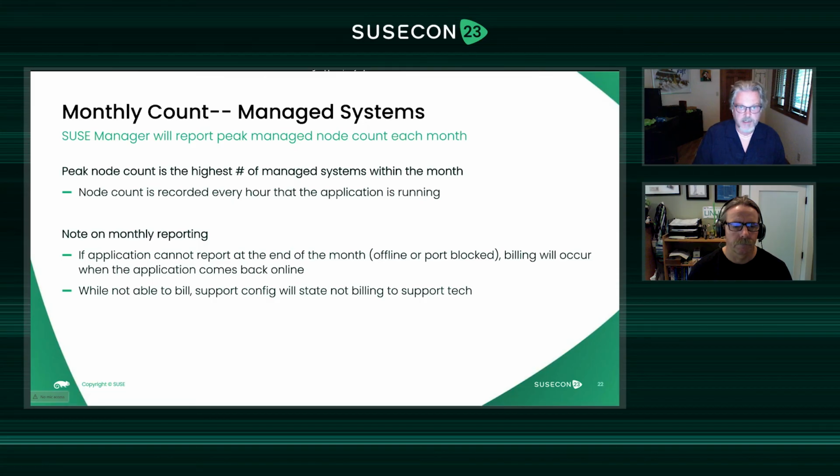But for instance, say SUSE Linux Enterprise Server is being managed, or SLE Micro is being managed, those systems will get counted, and then the peak number of managed systems that are not SLES for SAP on demand in this scenario will get reported to the marketplace, and that's how the billing will occur. So it's a little different, but it's got some intelligence built into it, and it's pretty cool.